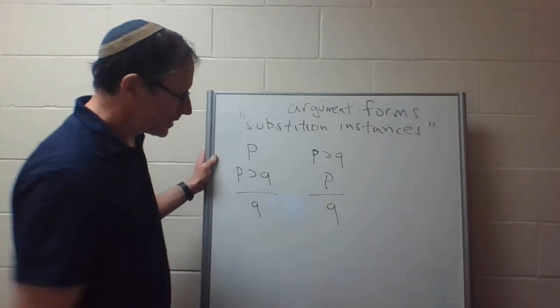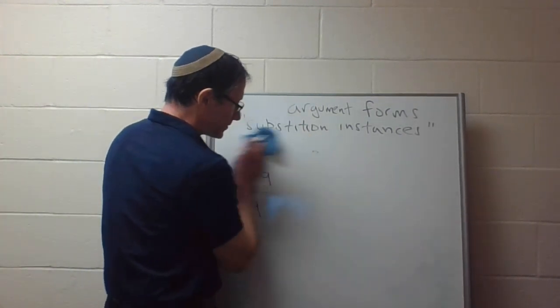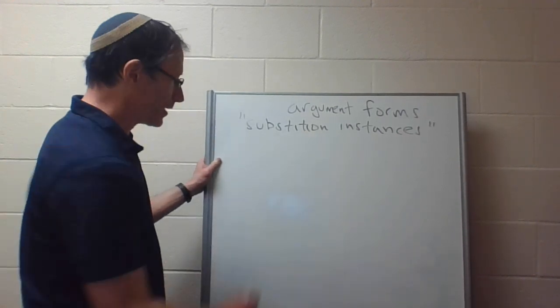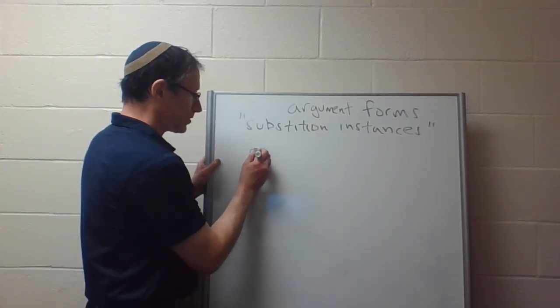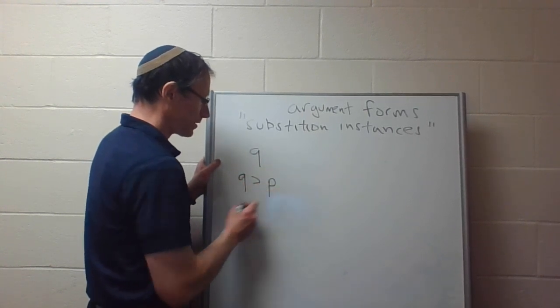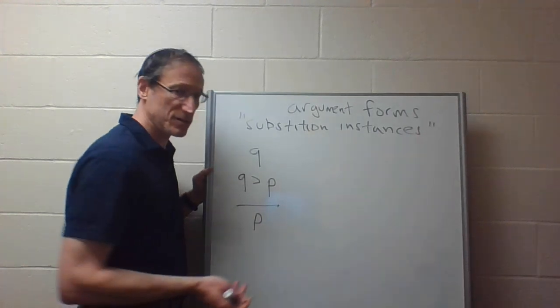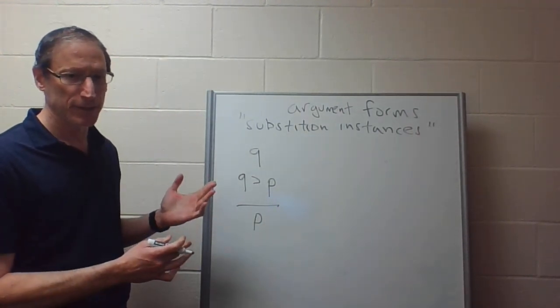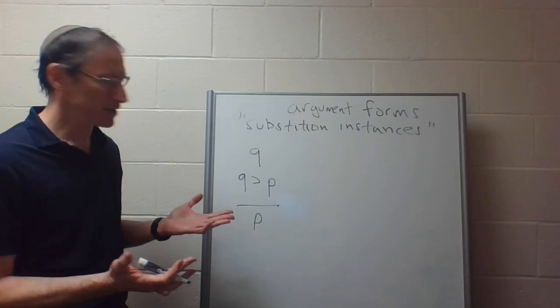Also, let's suppose I decided to be a little bit different, and I wrote Q horseshoe P, P, therefore Q. I mean, this is also a valid argument form. I flipped the P and the Q order, but that doesn't change anything, right?